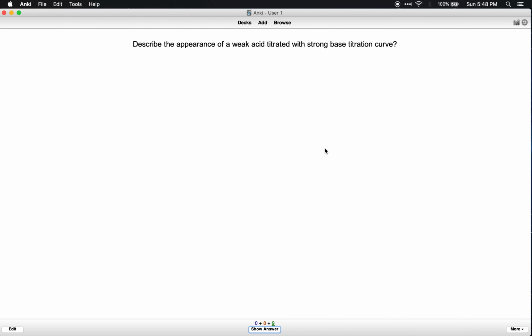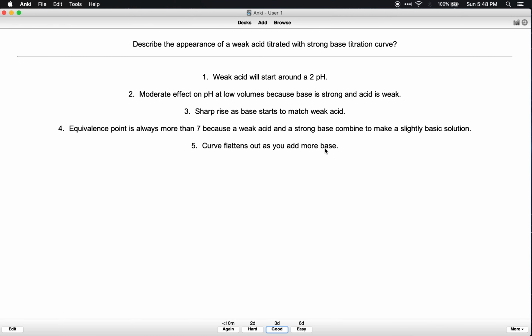Describe the appearance of a weak acid titrated with a strong base. The weak acid starts around pH 2, slowly increases, and then jumps up. The equivalence point is usually at a pH above 7 because it's a strong base.